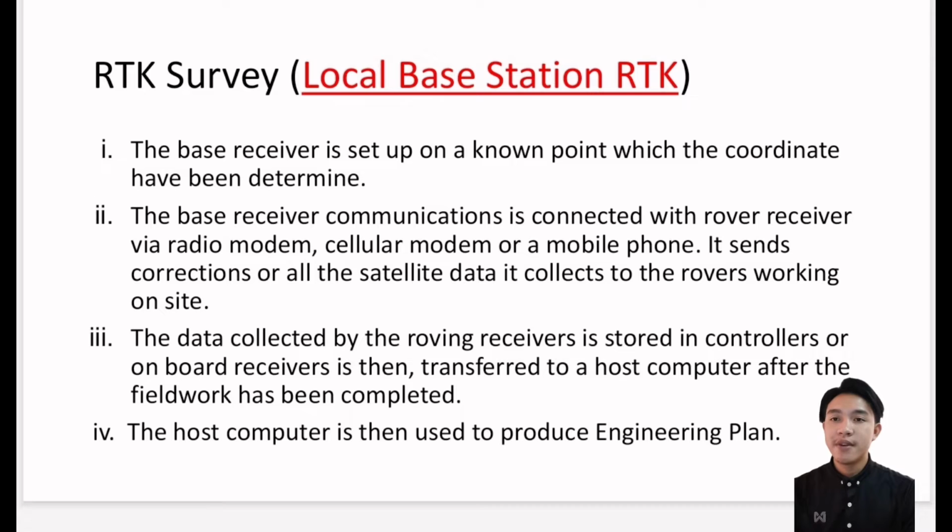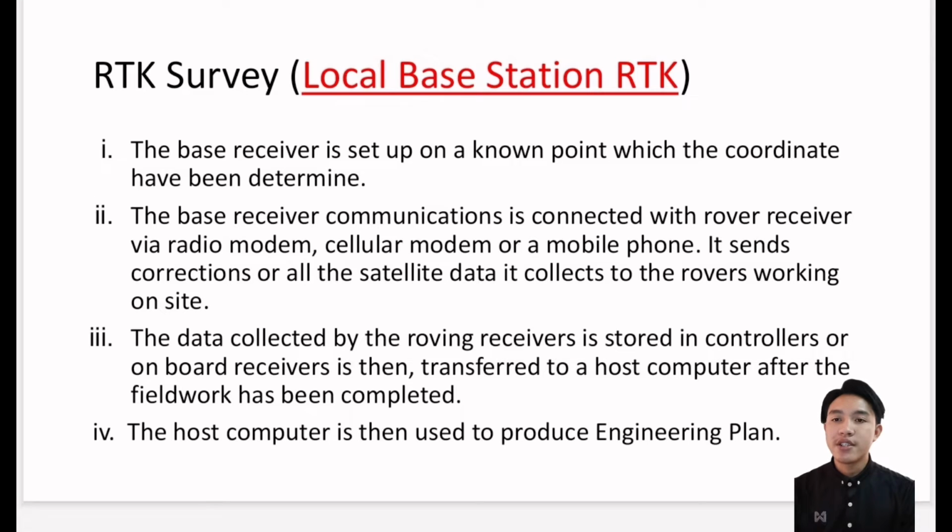Next, RTK survey for local base station RTK. First, the base receiver is set up on a known point whose coordinates have been determined. Second, the base receiver communication is connected with the rover receiver via radio modem, cellular modem, or mobile phone.